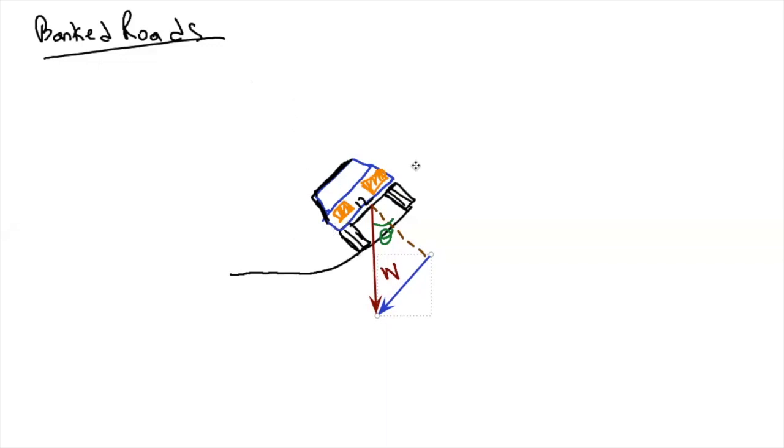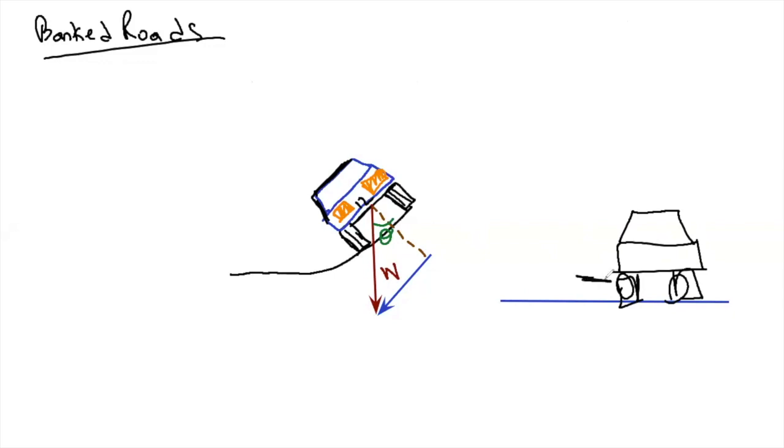Now, before I do this, let me do one thing. Before, in our old scenario, our car was like this. I don't want to make the car again, so let's just do a faster version. Before, we had our car over here, and this is the front view, by the way. I know it looks bad. Let's say this was the direction of our friction, right?